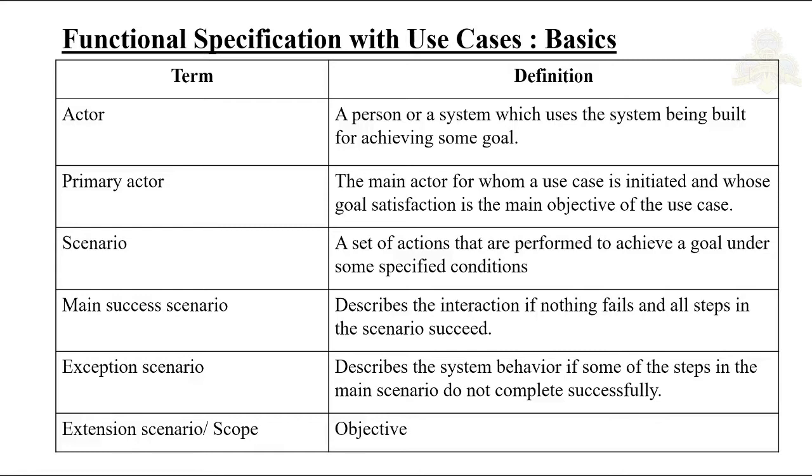Instead of the VP actually executing the use case, his assistant can get the sales growth report and give it to the VP. Here the assistant has executed the use case, the behavior, right? This VP we call the primary actor.